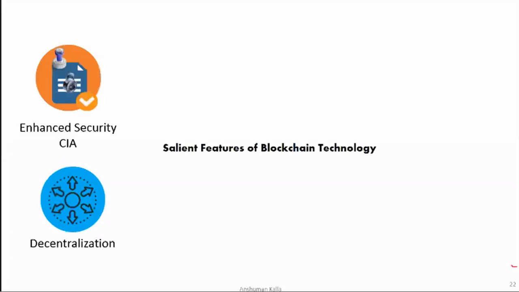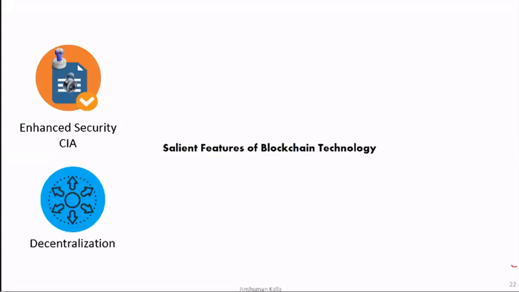Next is enhanced security. Enhanced security basically comes from the underlying cryptographic concepts. All these concepts that we just went through today, hashing and digital signature and Merkle tree and time stamping, etc., help to improve the security of the system. At the same time, since it is a decentralized system, there is no single point of attack.